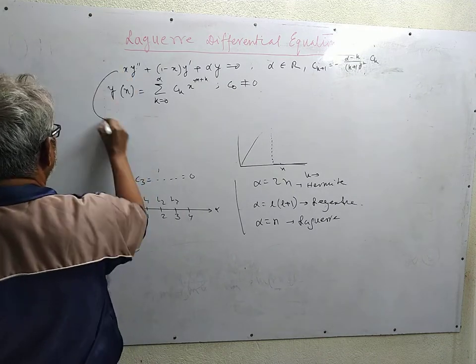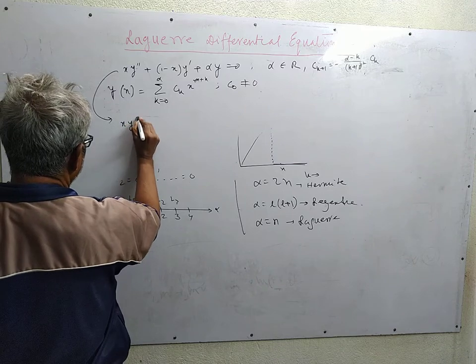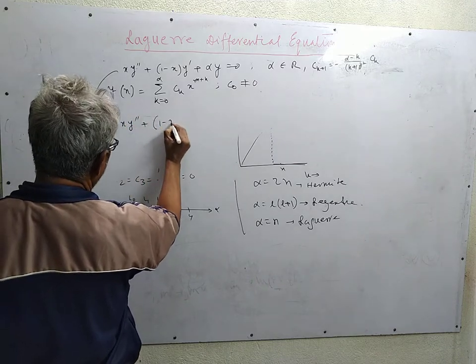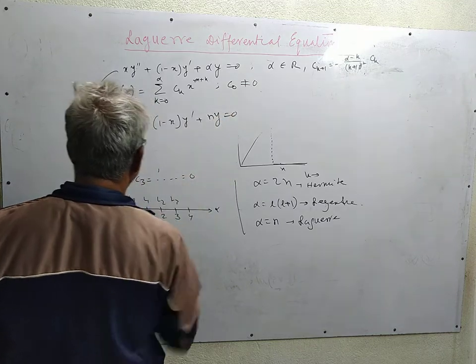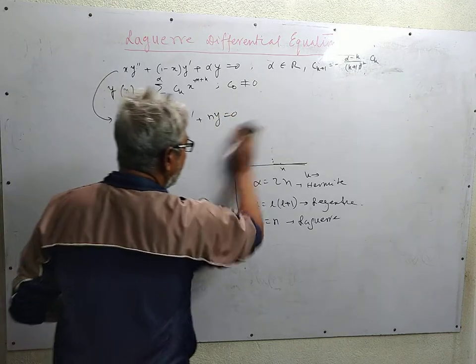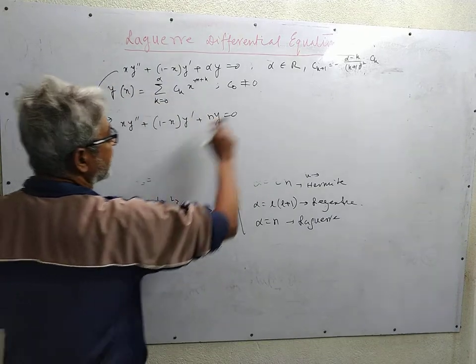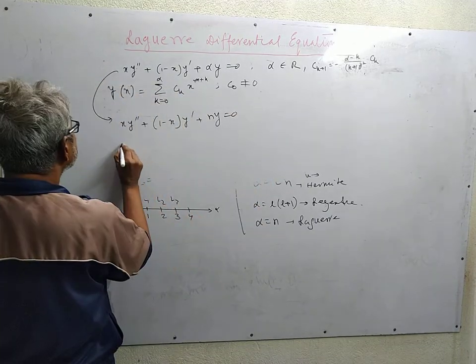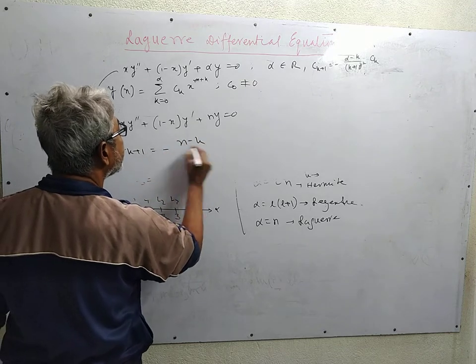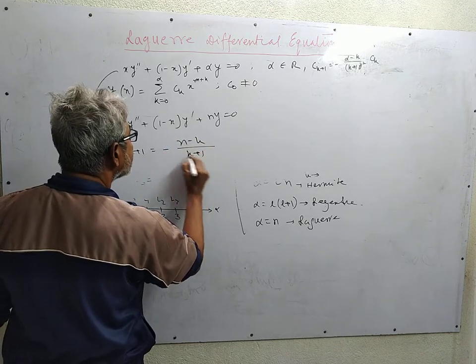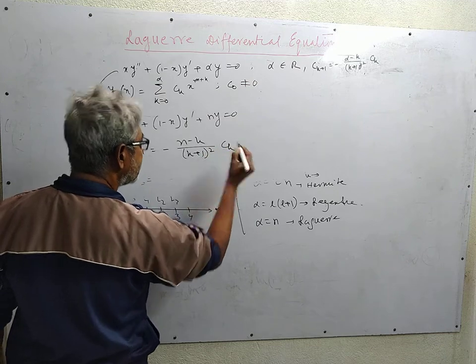So now the differential equation becomes the Laguerre differential equation with alpha equal to n. The equation becomes x y double prime plus (1 minus x) y prime plus n y is equal to 0, and the corresponding recurrence relation becomes c(k+1) equal to minus (n minus k) over (k plus 1) whole square ck.